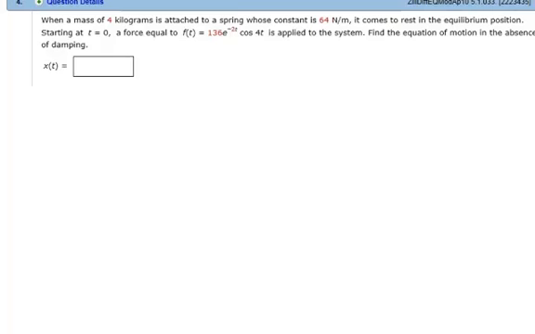Okay, so let's set up this one. So these are all standard units, kilograms, newtons, meters. Those are standard, so you can go straight to the equation. So we have mx double prime plus beta x prime plus kx equals f of t.